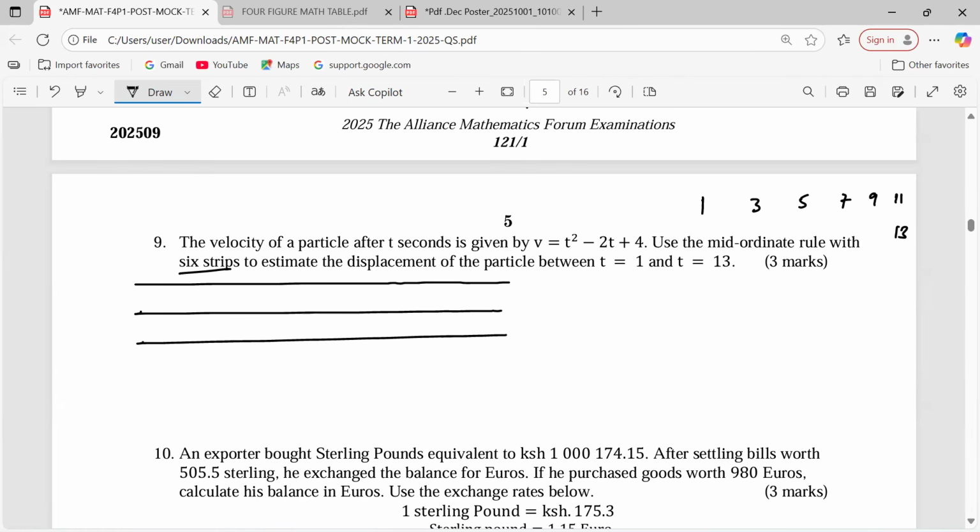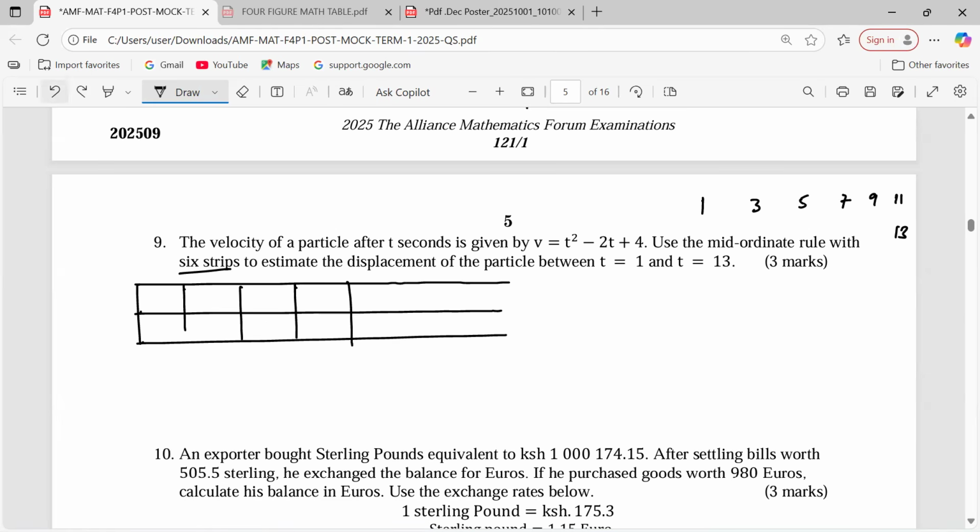In case velocity against time are plotted, we will come up with a certain curve with area. So we need values of t at 2, because from 1 to 3, we need the middle value, mid-ordinate. So we need 2. Then 3 to 5, we need 4. 5 to 7, we need 6. Then 7 to 9, we need 8.